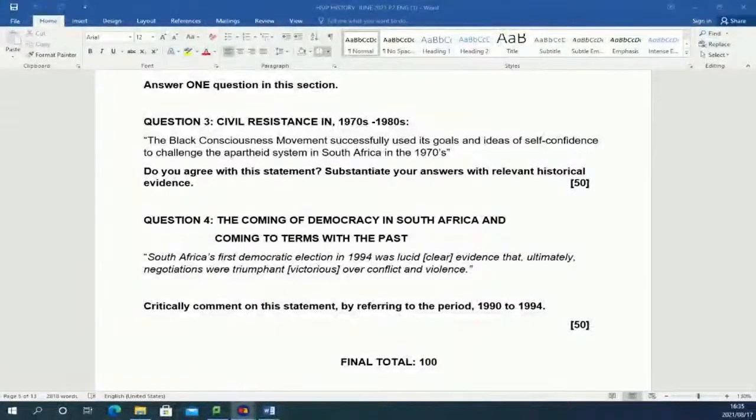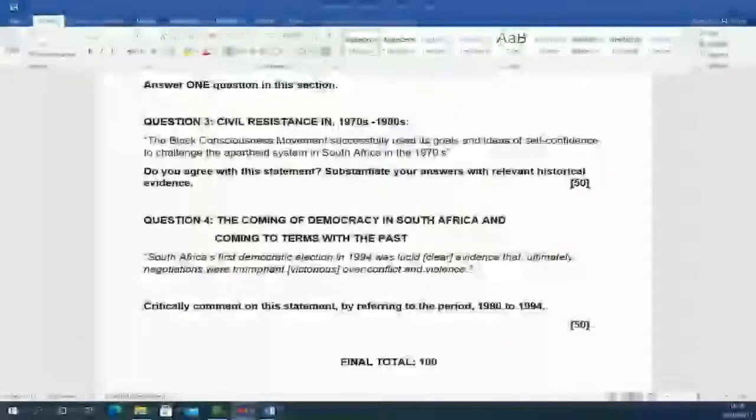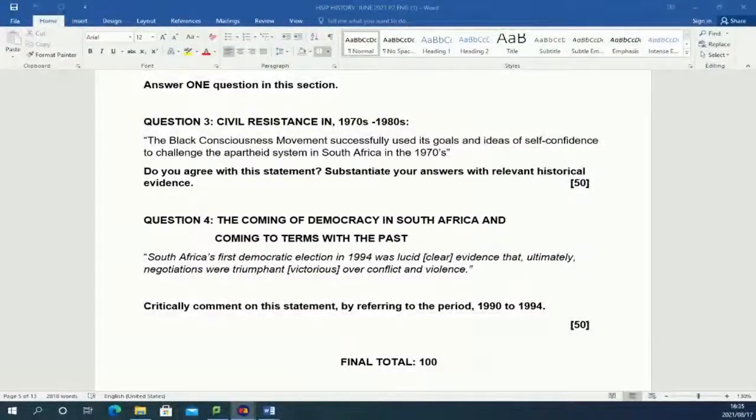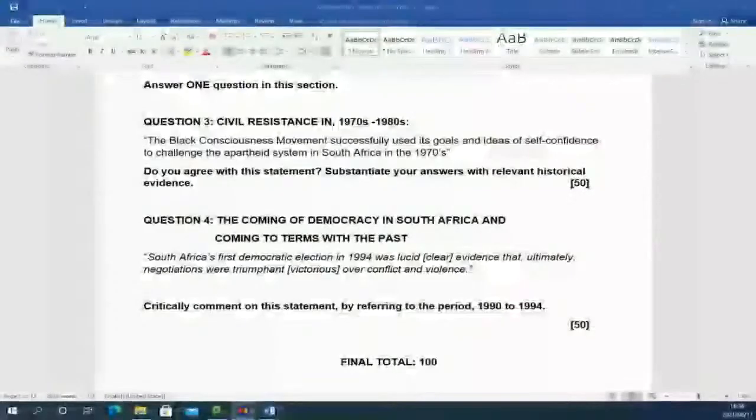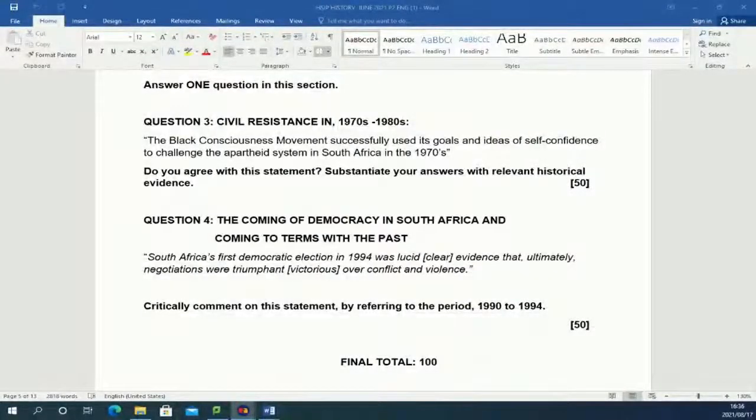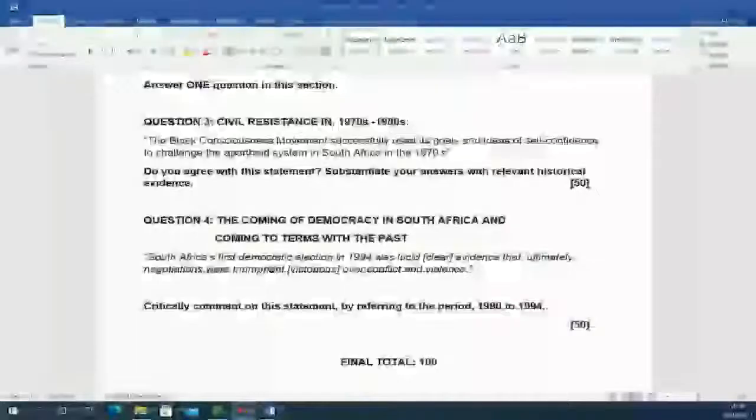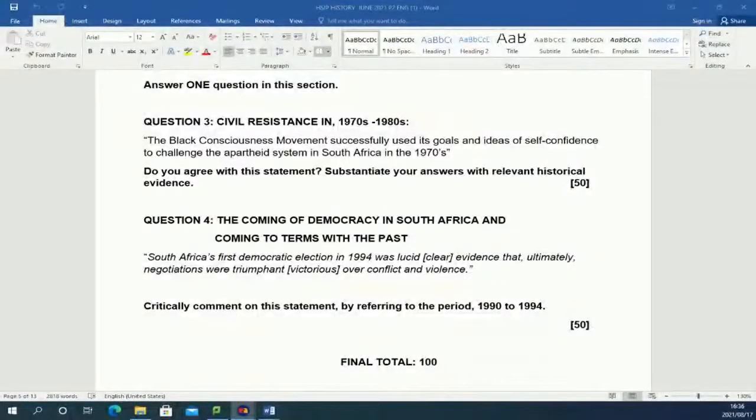Okay? How has that evidence been presented? Is the argument logical, clear, sequential? Are all the claims that you are making supported with evidence? Are you using evidence to support everything that you are saying? And most importantly, are you connecting your explanation and evidence back to your line of argument?